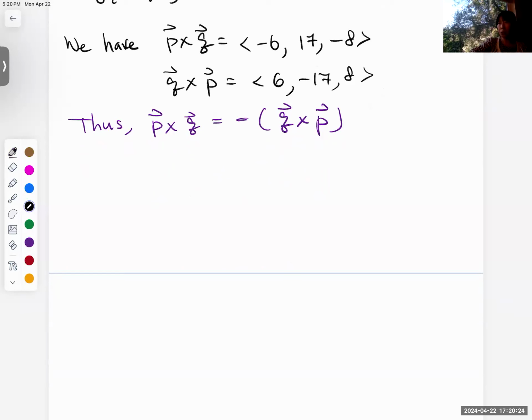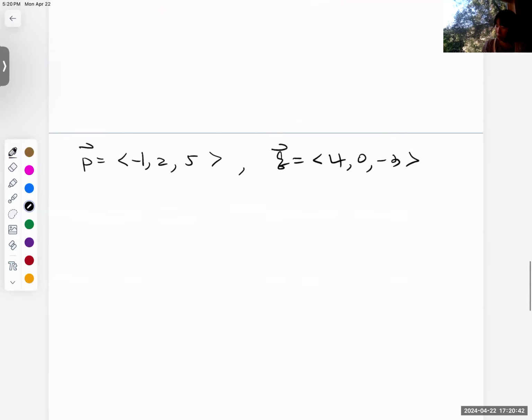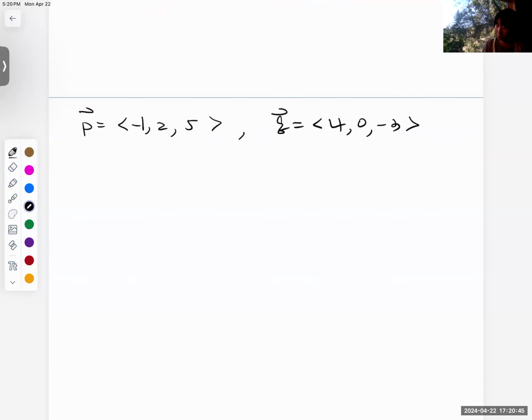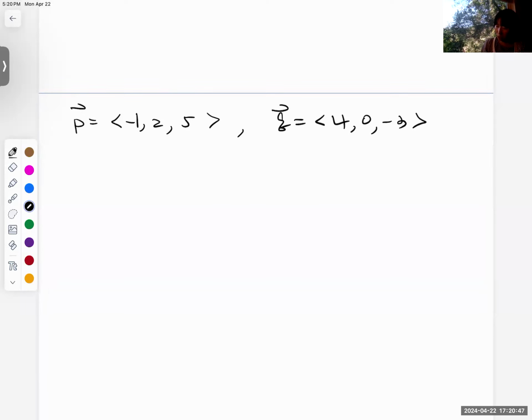Okay, now I'm going to show you this one. If we have vector P, -1, 2, 5, oh, this is the same one, right? And then we have Q, which is 4, 0, -3. Okay, now, so let me draw.